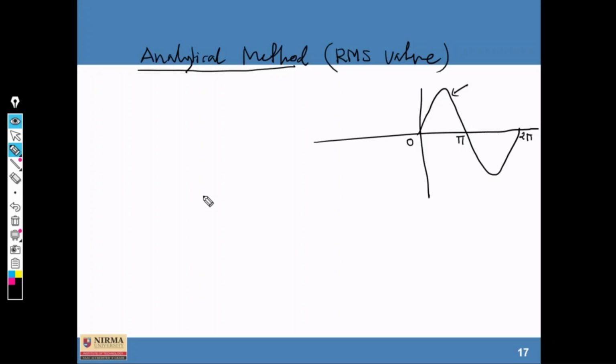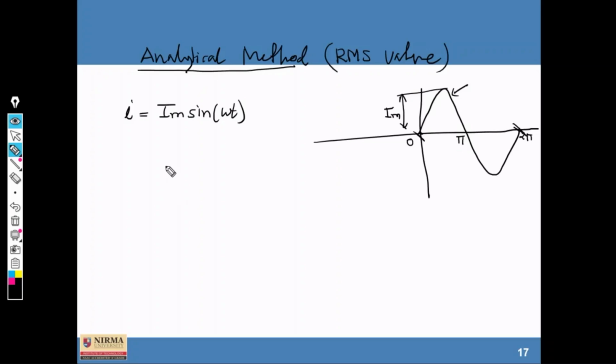The standard form, we know, is i equals Im sin omega t, because it starts from 0 and its peak value is Im. The mean of the square of the instantaneous value of current over one complete cycle. This is the one complete cycle here, so we are integrating over the whole cycle. The whole cycle range is 2 pi minus 0.